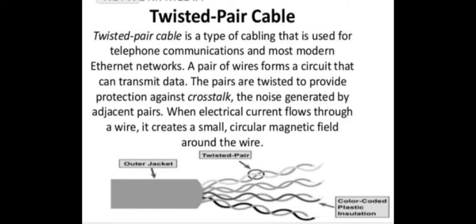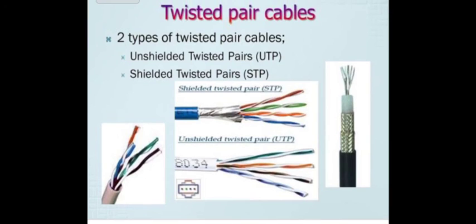When electrical current flows through a wire, it creates a circular magnetic field around the wire. When you transmit a signal, it is transmitted in the form of an electrical signal, and this signal generates a circular magnetic field around the wires. Okay, so here we have two types of twisted pair cable. First one is unshielded twisted pair and second is shielded twisted pair.